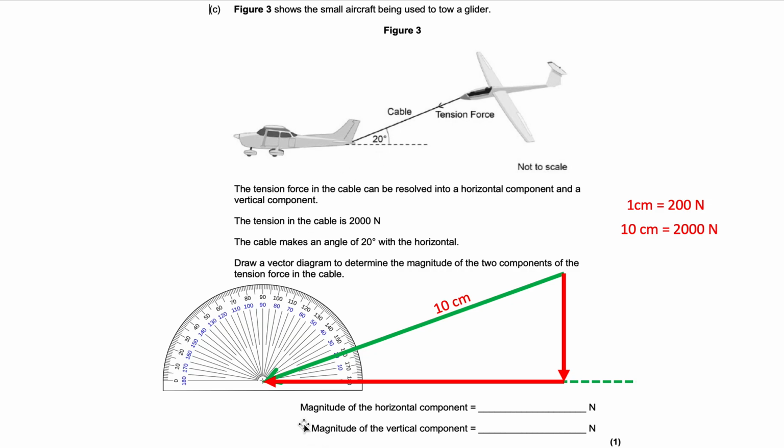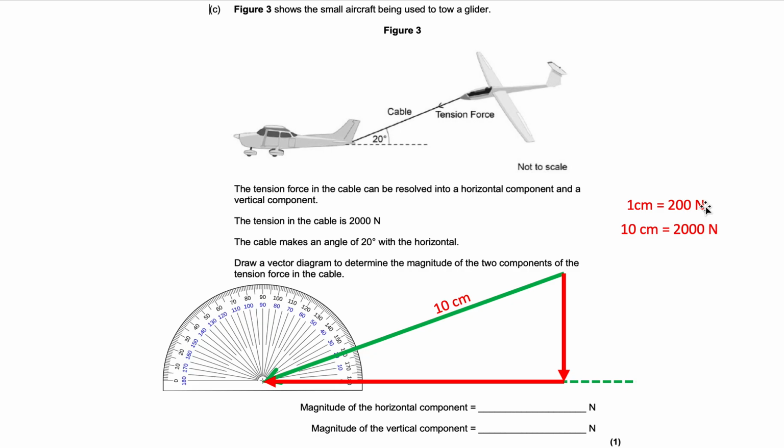Now I need to find the magnitude in newtons, so that means I need to measure the length in centimetres and use my scale to convert that into newtons. Basically, you are measuring how many centimetres long your line is, and you're multiplying it by 200 because our scale is 1 centimetre equals 200 newtons.